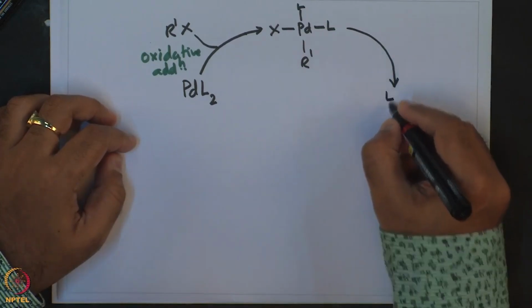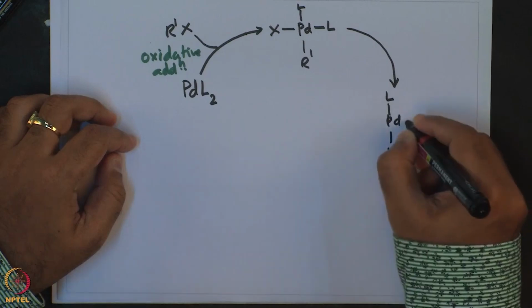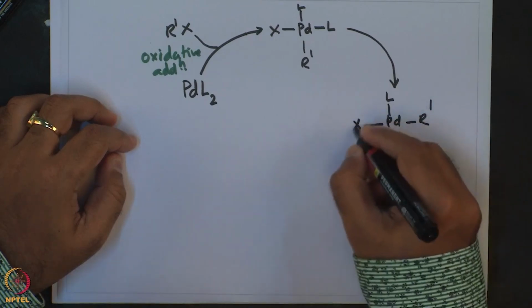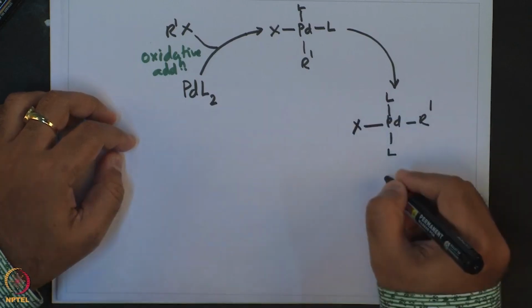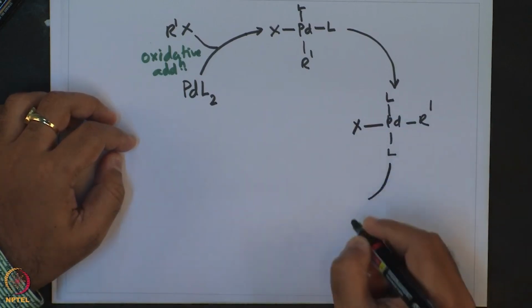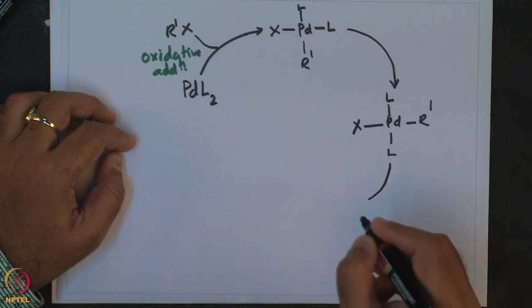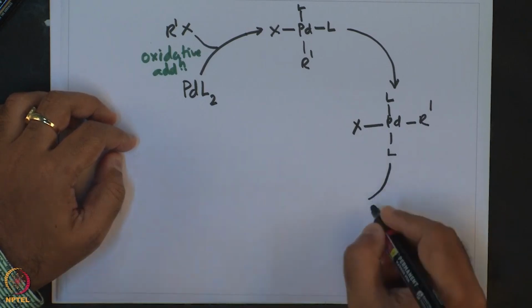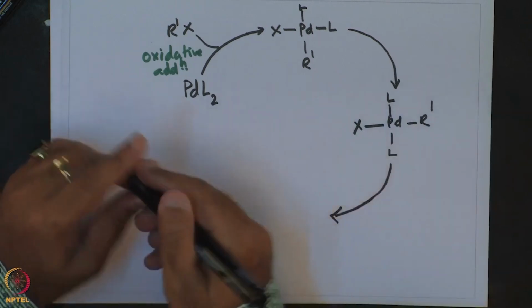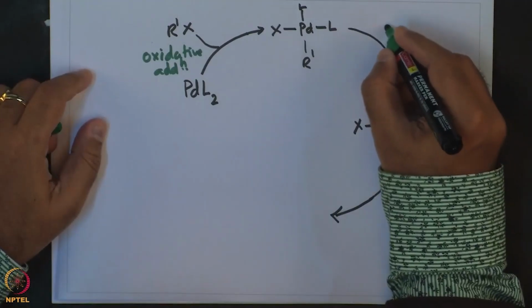So, hereby it becomes a trans compound with R1 and X. This is the cis trans rearrangement step.